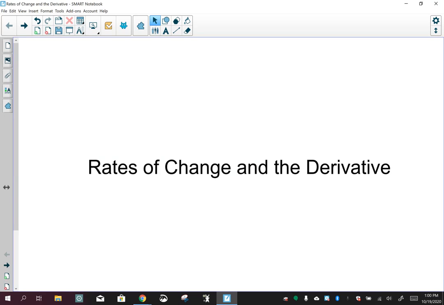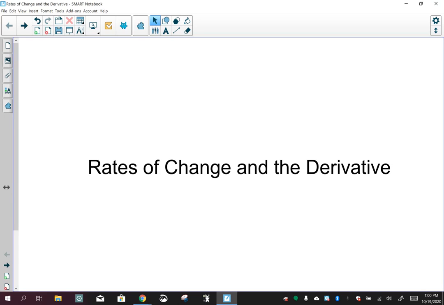So, where we typically start is with what's called a tangent problem. Typically when we do tangent problems, we do them on an XY axis, and they're usually tangent to a specific point on the curve.